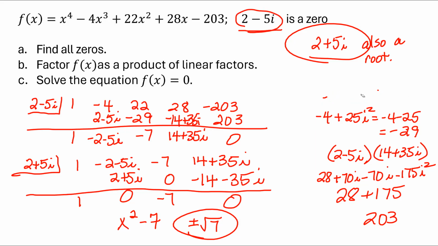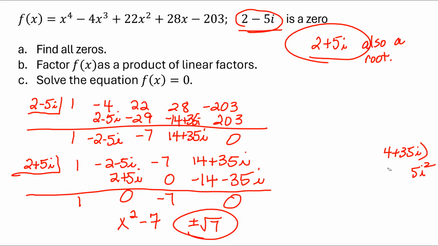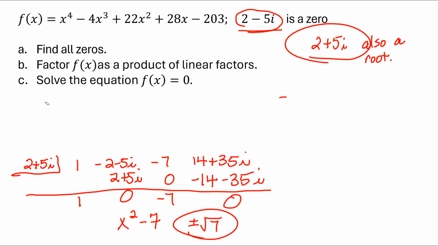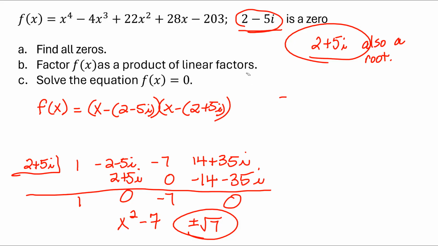Part B wants us to write the factorization, and that's very simple because if a number is a root, we know that x minus the root is going to be a factor. So we know that our factorization is going to be x minus (2 minus 5i) times x minus (2 plus 5i) times x minus the square root of 7 times x plus the square root of 7, or that's x minus negative square root of 7, so x plus the square root of 7.